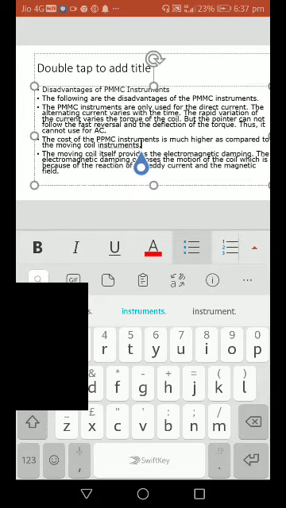Thus it cannot be used for AC measurements. It is only for measurement of DC current, not AC current.